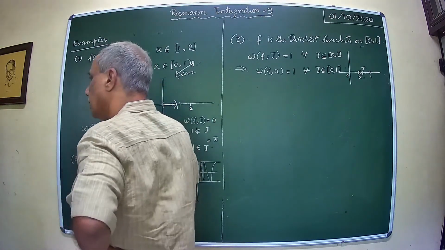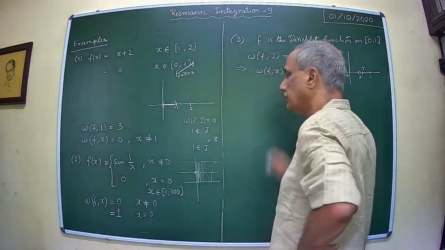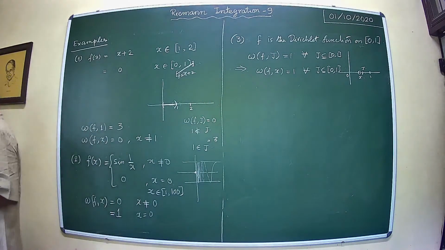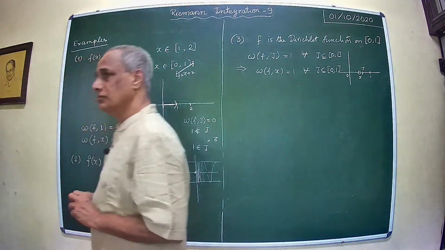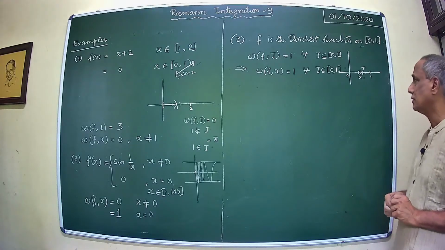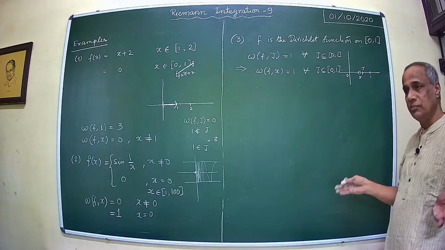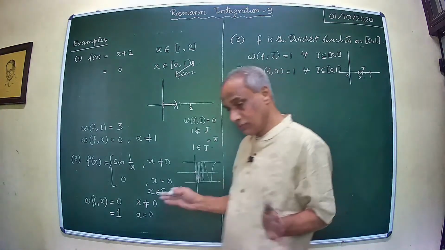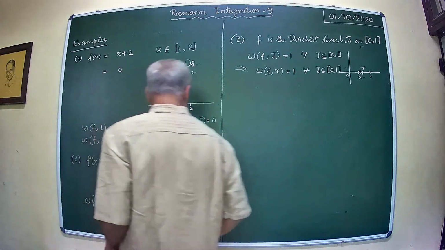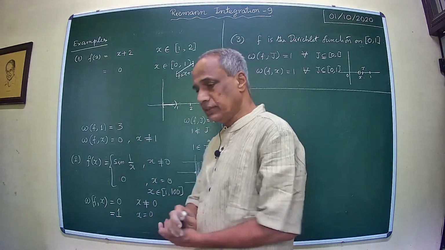This is also Riemann integrable, and this is not Riemann integrable. So the problem comes if there are far too many discontinuities. Then the function fails to be Riemann integrable. So this is the problem. So we have to examine this more deeply. Before that, we connect up these numbers with the continuity.